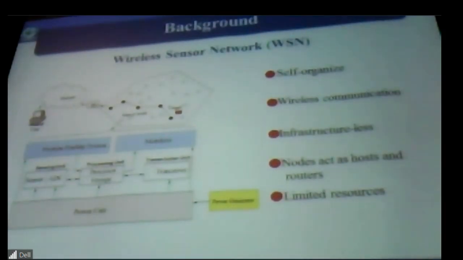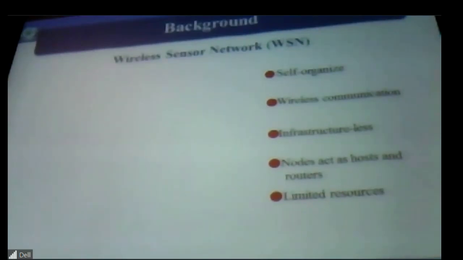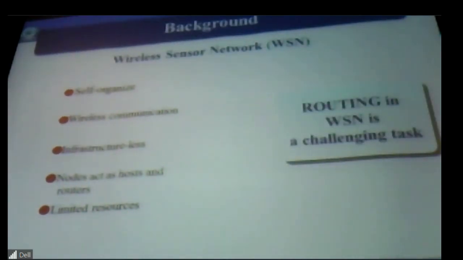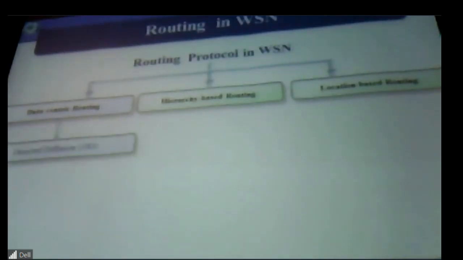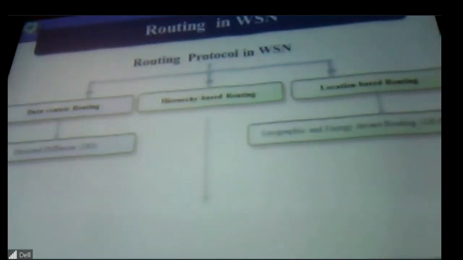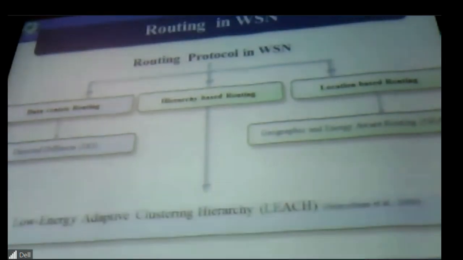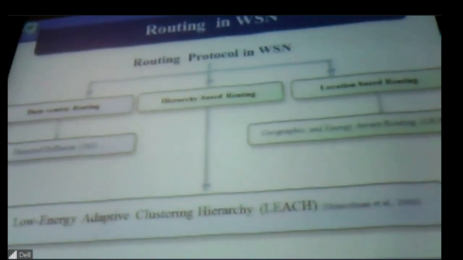As we know, a wireless network involves self-organization and wireless communication, with limitations and challenges such as routing and attacks. Routing protocols in wireless sensor networks are first data-centric routing, hierarchy-based routing, and location-based routing. Data-centric routing includes directed diffusion, and energy-aware routing comes from location-based routing.